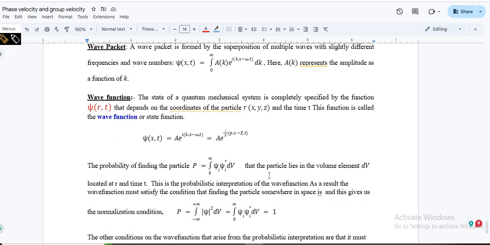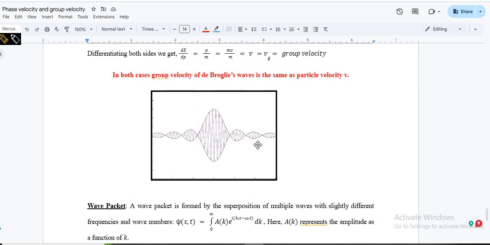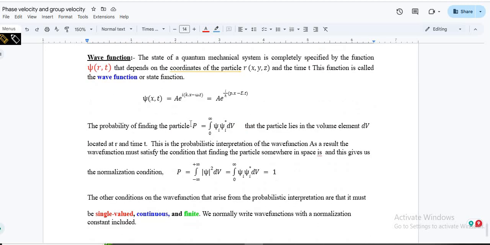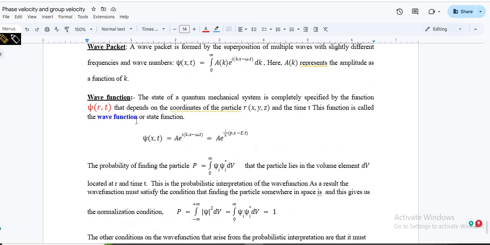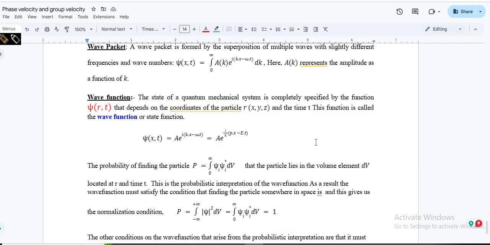But the probability of finding the particle, where the particle will be available, is the most important thing in quantum mechanics. This is represented by P, the probability, which will be the integration over this function. It's a complex function, e to the power i(kx minus omega t).